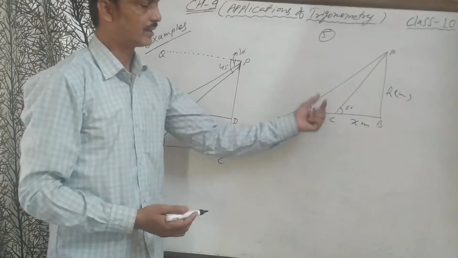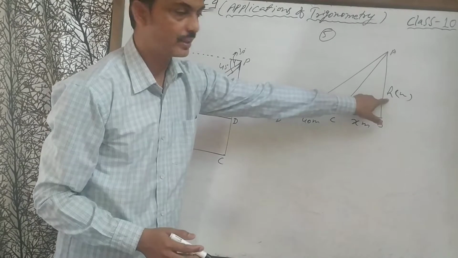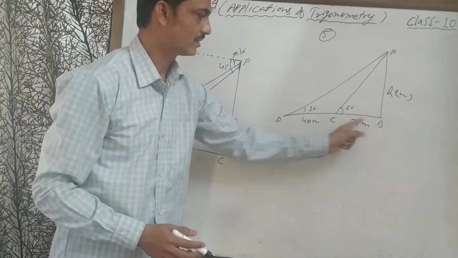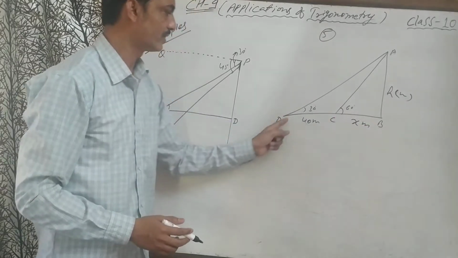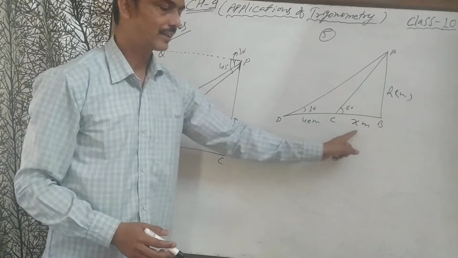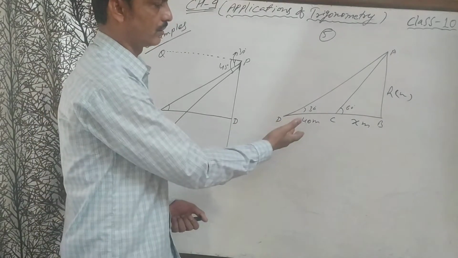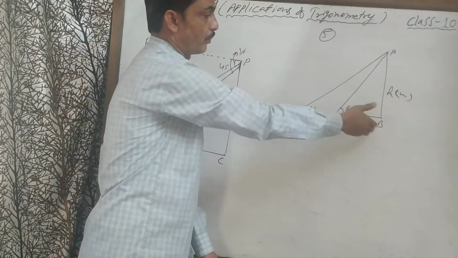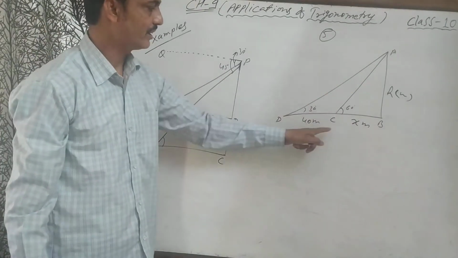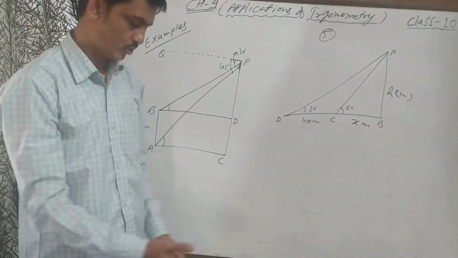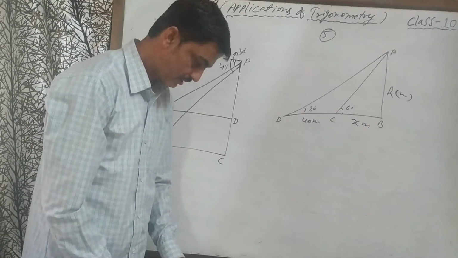AB is h meter and BC, the length of this shadow, is x meter, and the length of BD is 40 plus x. Now you can solve this problem very easily in triangle ABC and in triangle ABD. Use trigonometry and you can easily find out the height of the tower.